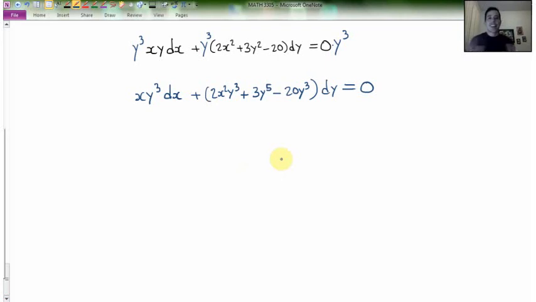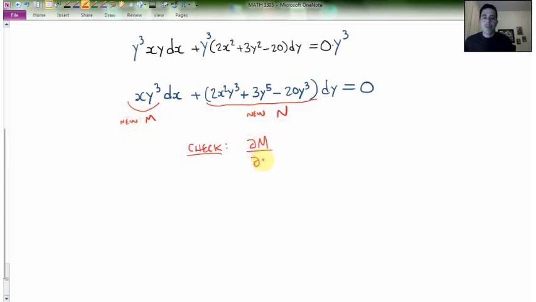That's just to get us started with the exact method. Now we can use the exact method. Just to show you how this works out, let's check the mixed derivatives again. This is our new m, and this is our new n.